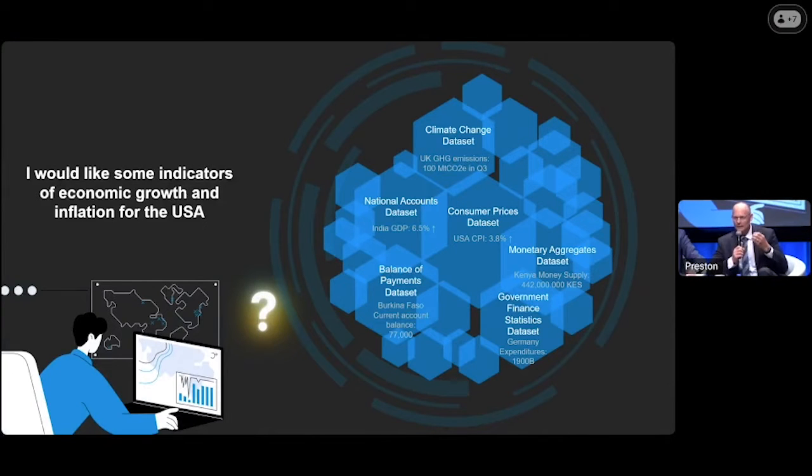And you have accessibility. Accessibility is an incredibly important dimension of data quality. And what we're hoping to do in this flash talk is to demonstrate to you how AI can be used to improve data quality by improving the accessibility of official statistics.